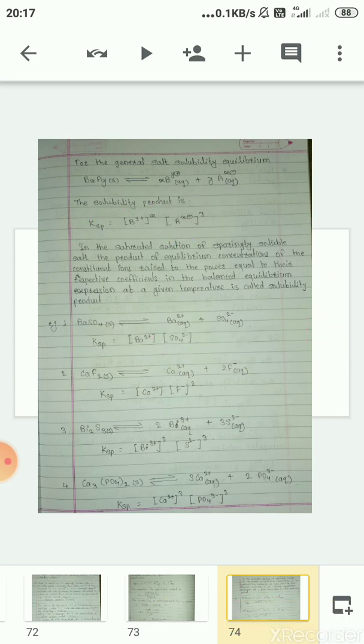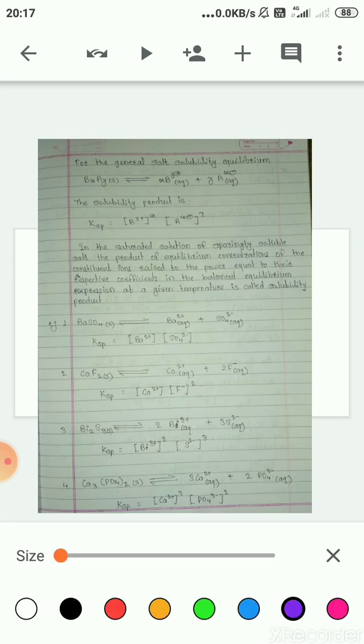Consider the next example, calcium fluoride. Calcium fluoride is in equilibrium with calcium 2+ and 2F-. See here the value of y is 2. Here 2F, one F carries a 1- charge, therefore 2F has a 2- charge: 1- of one fluoride and the second minus for the second fluoride.